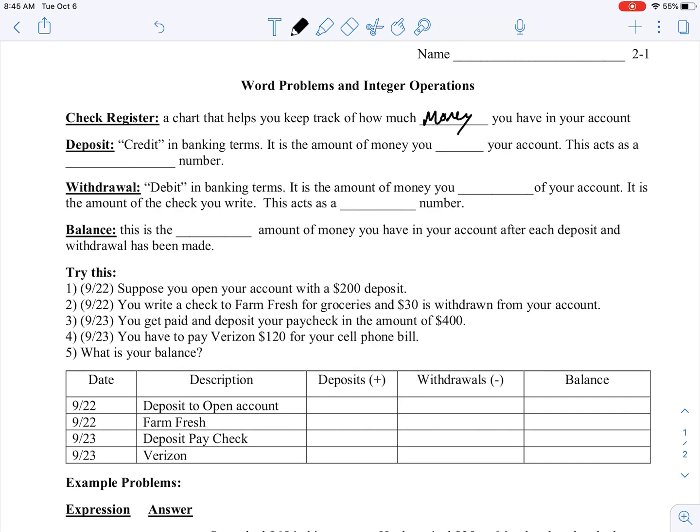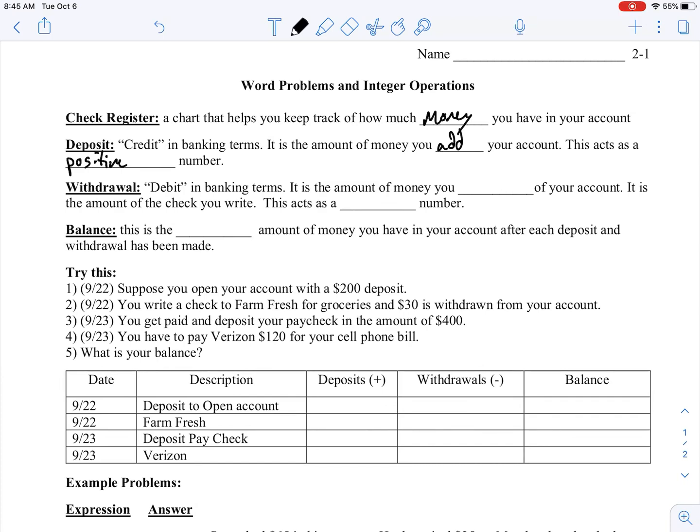So deposit, or credit in other terms, so these will mean the same thing when you see them, is the amount of money we add to our account, or we put into our account. So this acts as a positive number since we are adding it to our account. Next one is withdrawal, or debit in banking terms.